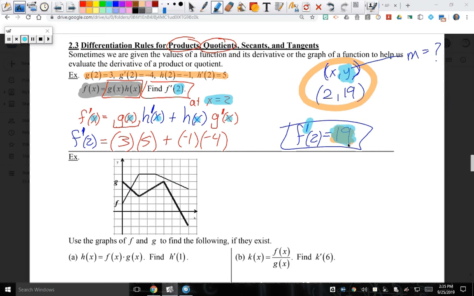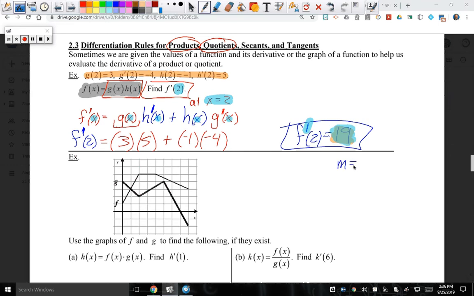So m would be the slope that's occurring at 2. So maybe I should do it this way. I didn't mean to confuse you if I did. Let me clean this up. Do you agree that the m is 19 at x is equal to 2? Okay. So if I wrote it as a point, position-wise, it would be 2, but where would I get this y value from?